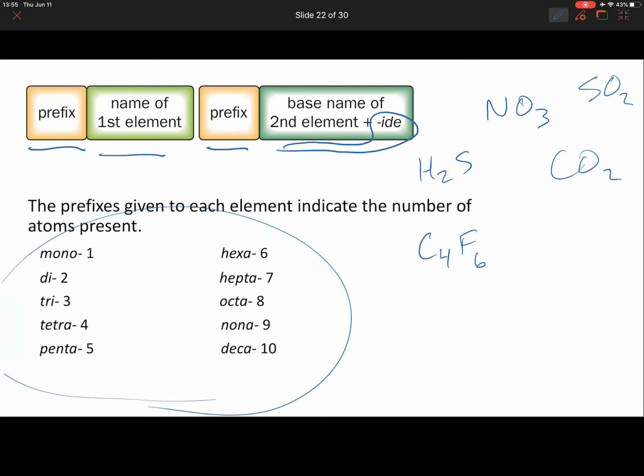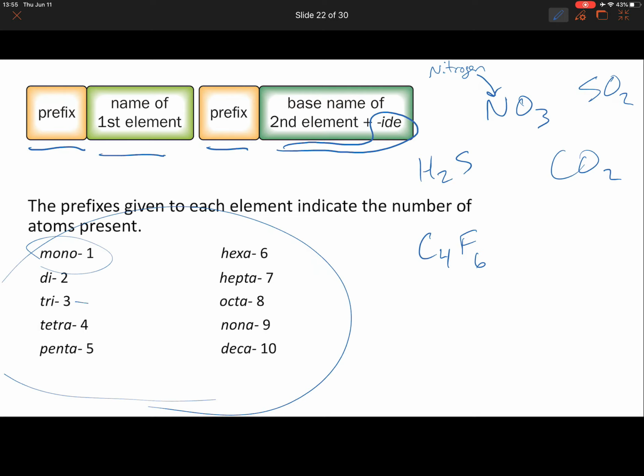Right? We can do this. So let's try. Now, a couple of rules. First off, if there's only one atom in the first element, then normally we would not put mono. We're not going to say mono, like for this guy right here, let's name it. It's nitrogen. We should say mononitrogen. We throw that off. We don't say it. So let's just say nitrogen. Now there's 3 oxygens here.